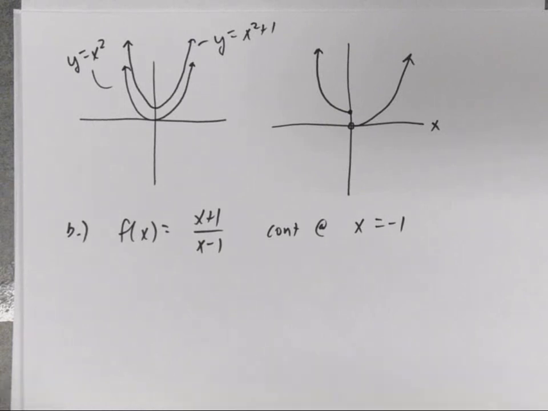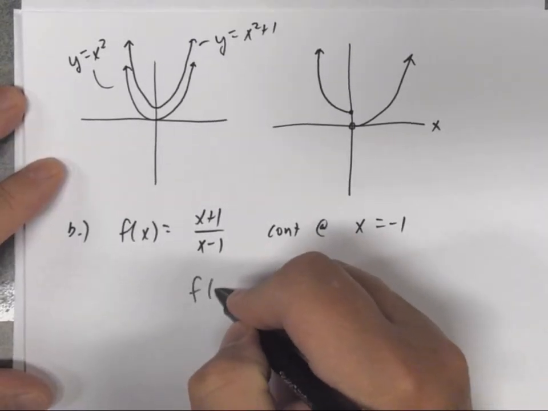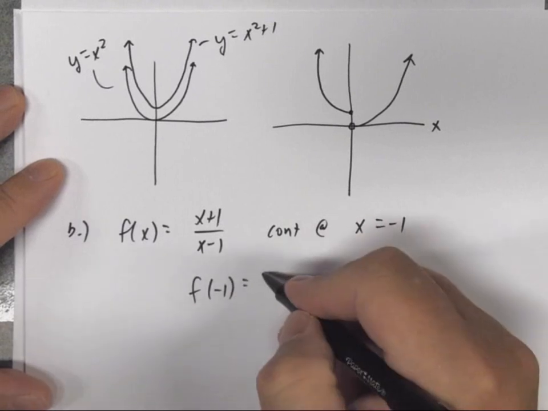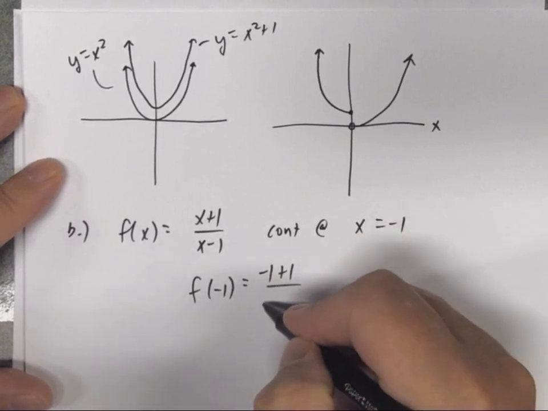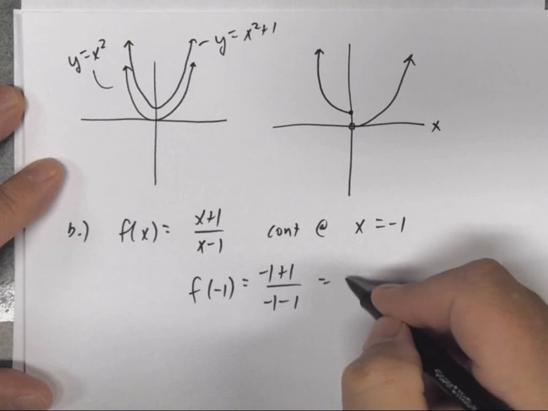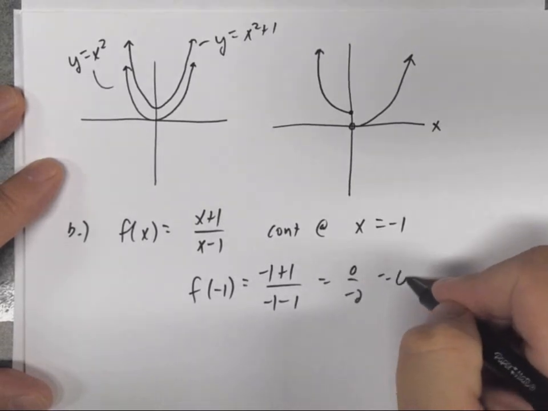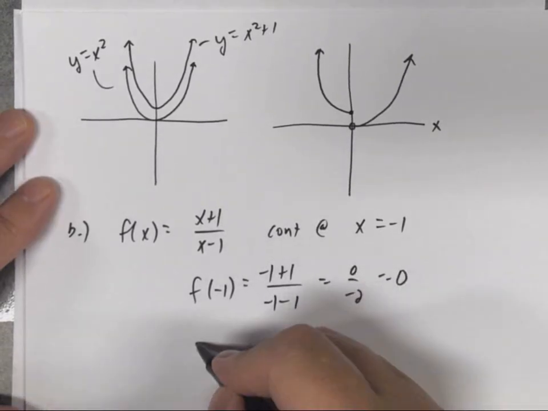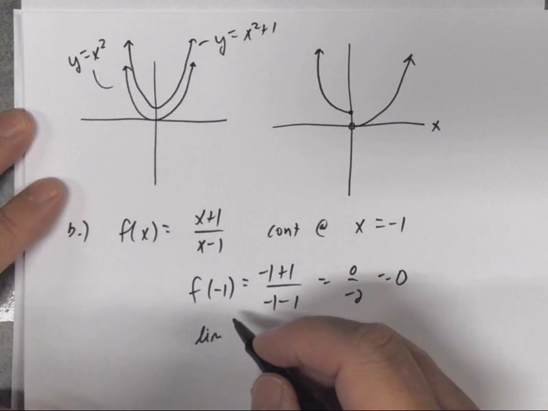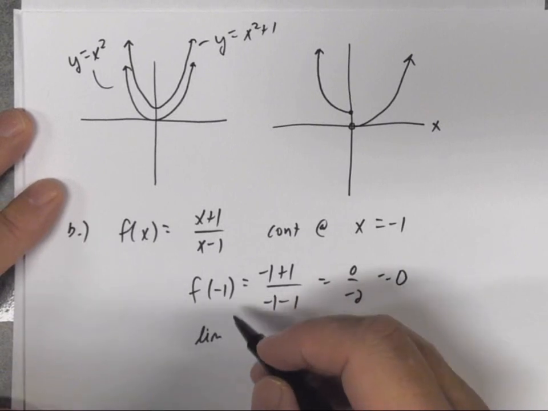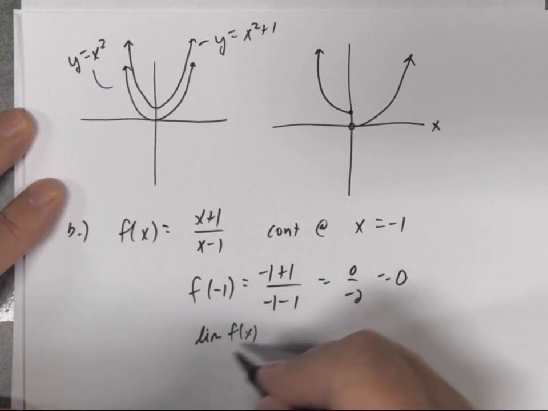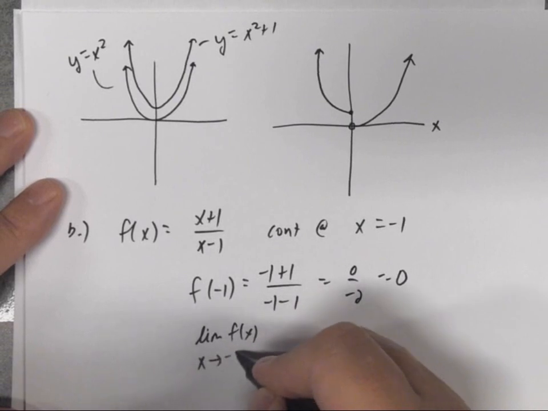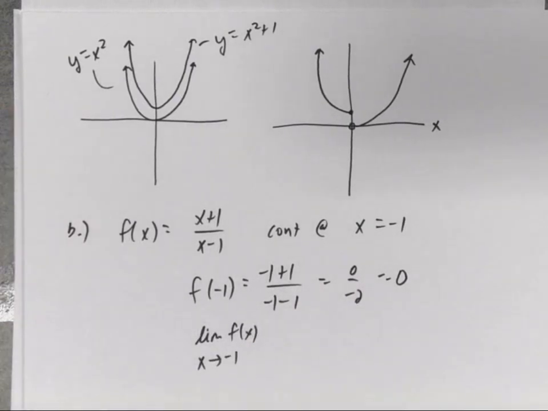So what you do is you first evaluate the function at -1. It's 0. And then you ask, how about the function as x approaches -1?